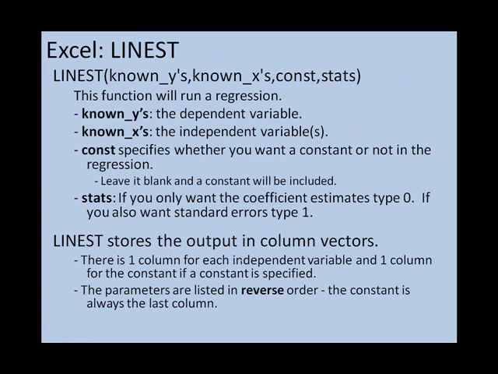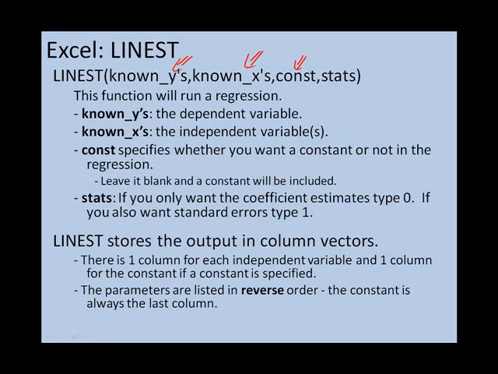The first shortcut is a function called linest, and linest effectively runs a regression. You have to input the y's, the dependent variable, and the x's, the independent variables. Then you have to specify whether you want a constant in your regression.